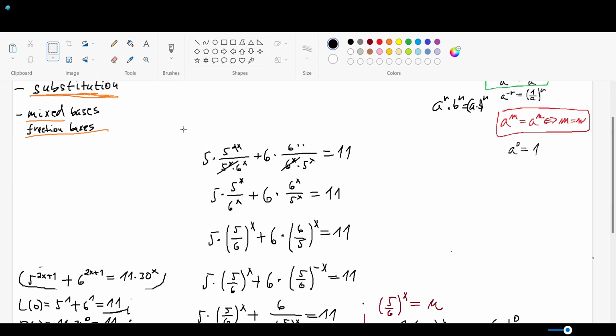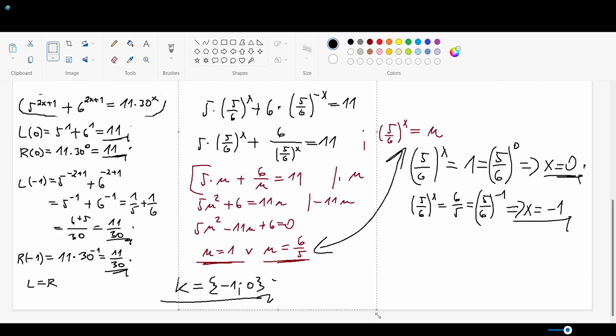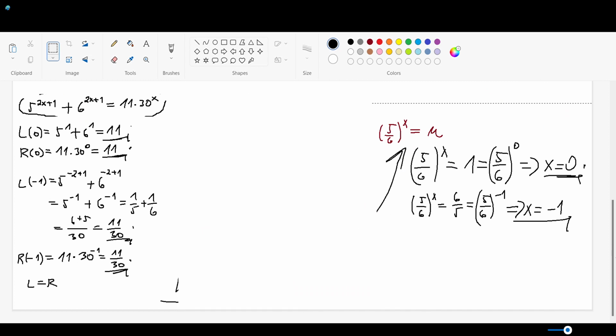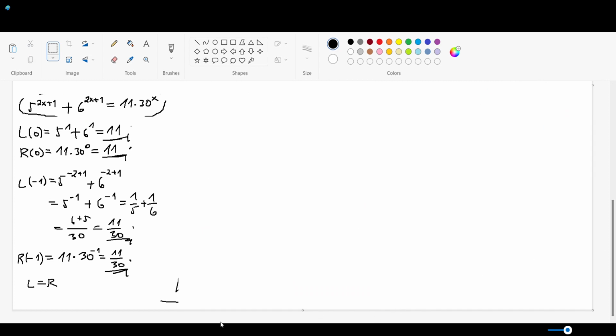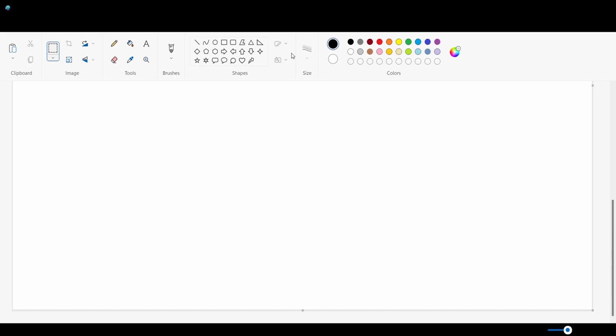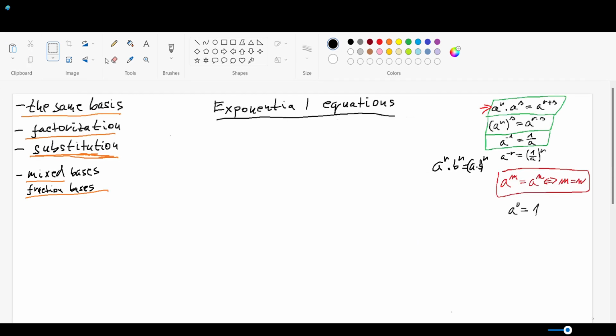Okay, so let me show you another example. But first I need to get rid of this, so let me delete the lines I'm not going to use anymore.